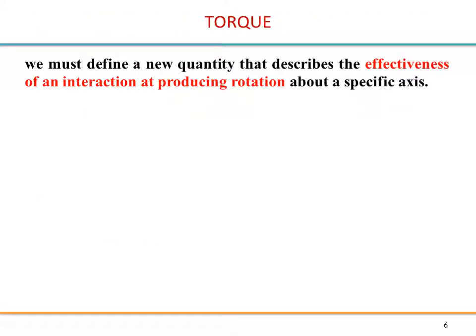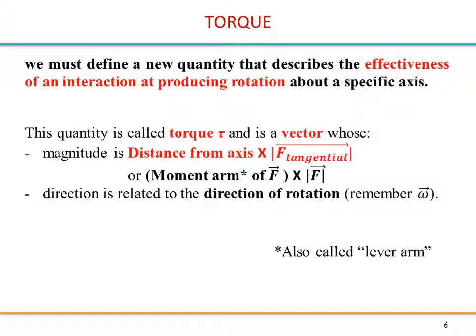So we must define a new quantity that describes the effectiveness of an interaction at producing rotation about a specified axis. This is called the torque. Torque is defined as a vector, so it has a magnitude, which is the distance from the axis of rotation multiplied by the tangential component of the force.